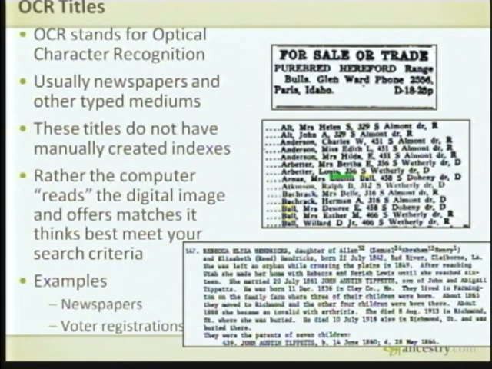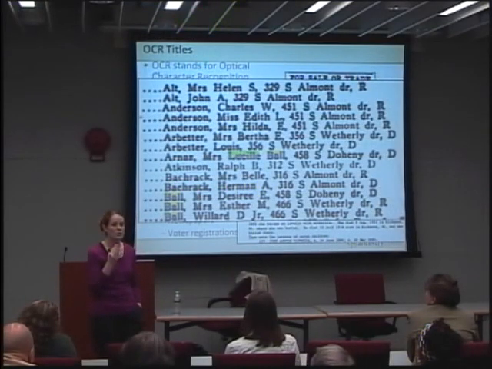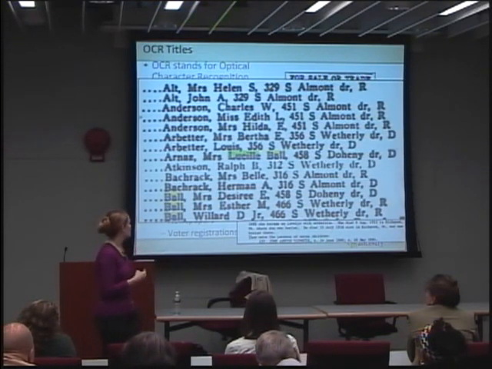We couldn't do it. So that's why you get things like, here we have Lucille Ball. We did a search for first name Lucille, last name Ball, and you'll notice on the page it's highlighted each of these terms, but it's also highlighted all of these other terms right here that are the same thing. This is why sometimes you get a little bit of wonky results when you're looking at newspapers. So just be aware it's because the computer is doing the very best it can to read that thing.